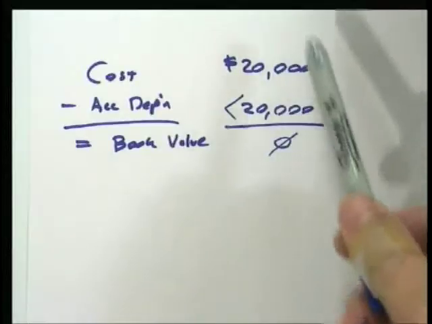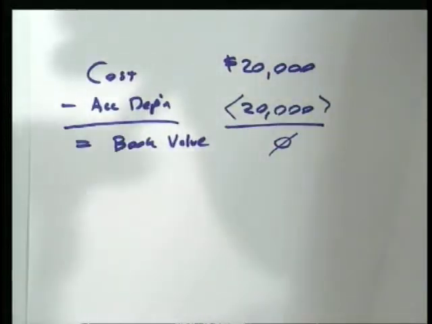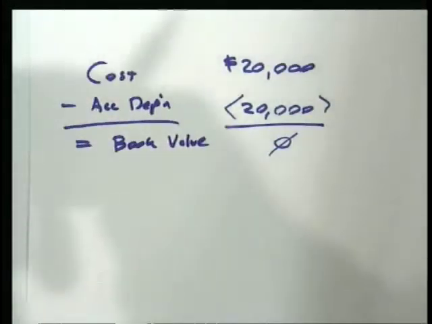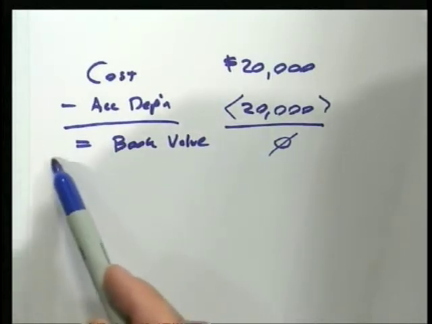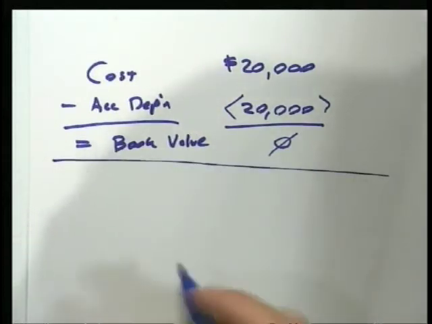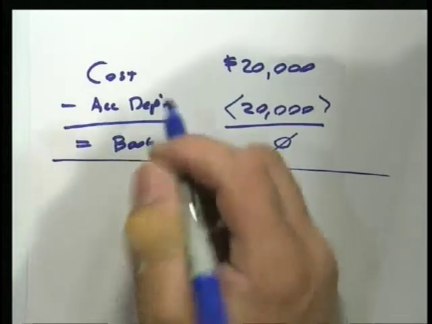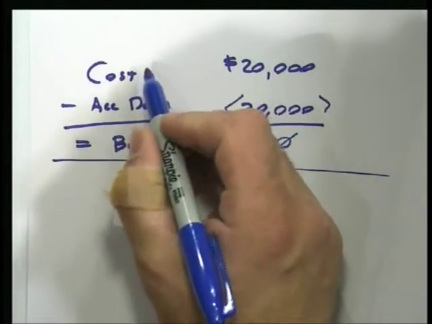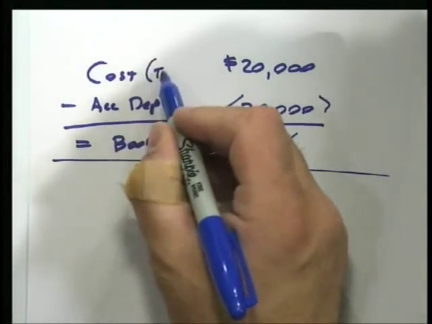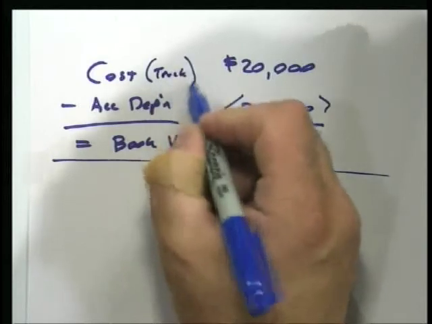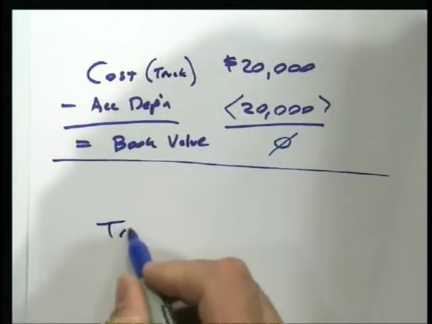So again, to this question, why do we use an accumulated depreciation account? Well, if instead of using an accumulated depreciation account in our depreciation entry, we just credited the asset itself, then this is the cost of the truck, and this is what we would have on our books.